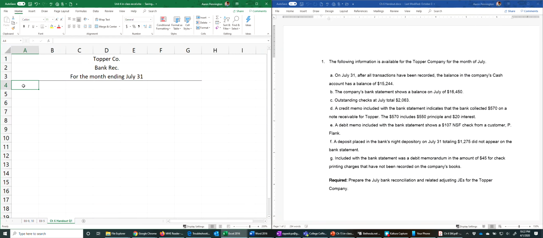So the format you should be familiar with: we're going to have the bank balance and the book balance.